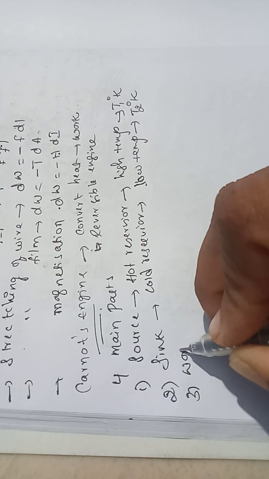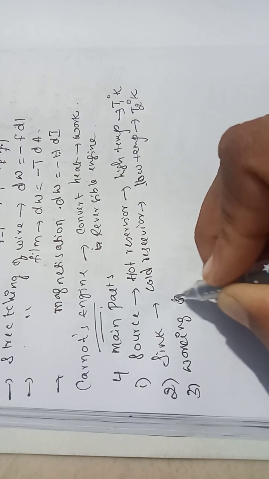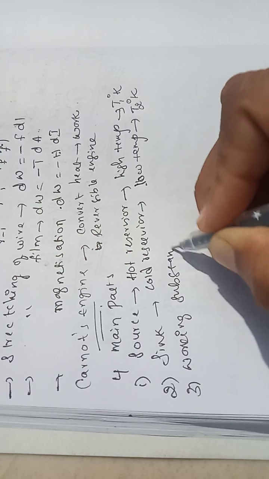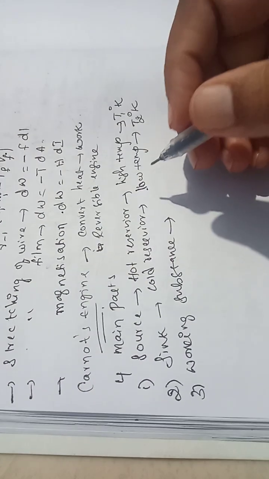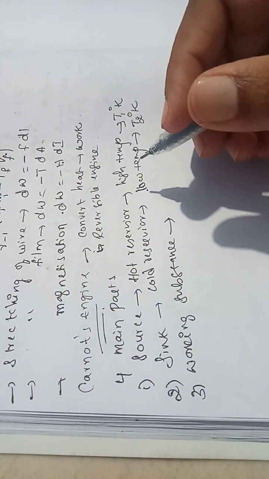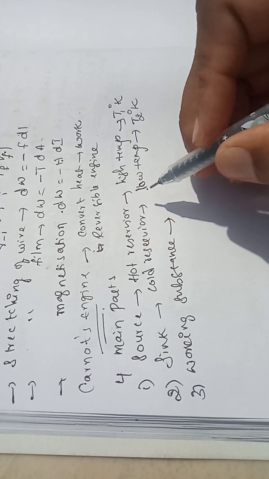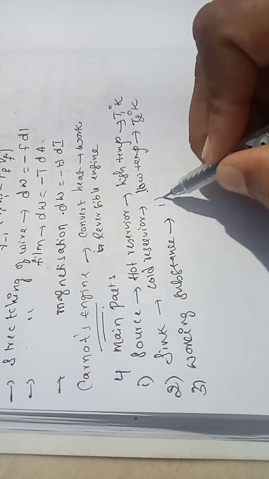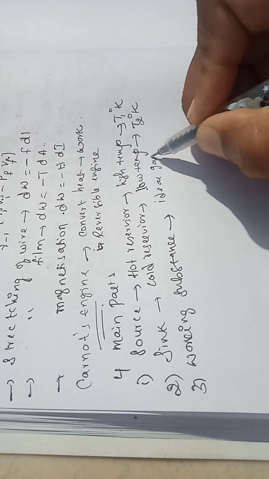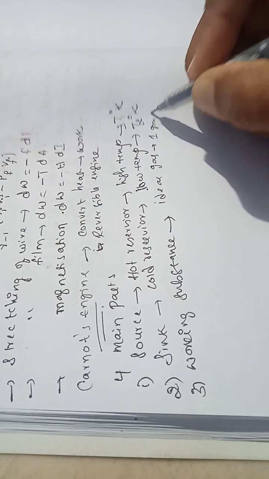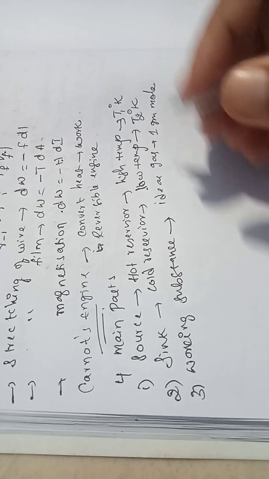Third, working substance. Here the working substance means the ideal gas, 1 gram mole of ideal gas which we use.